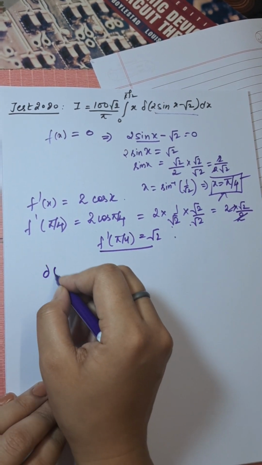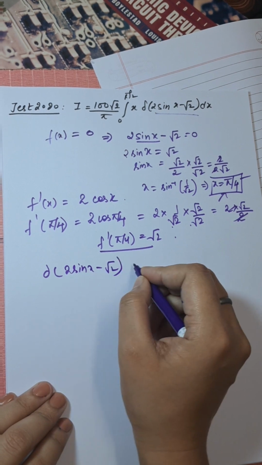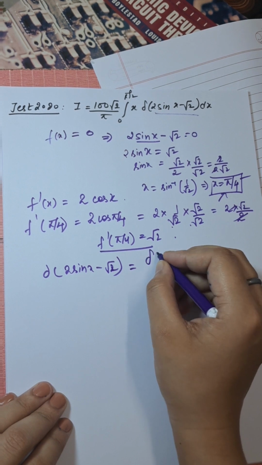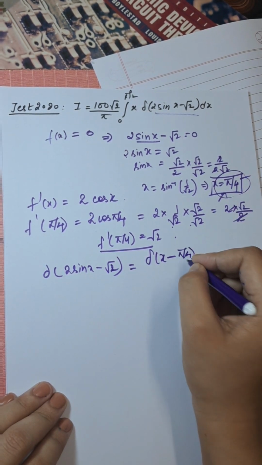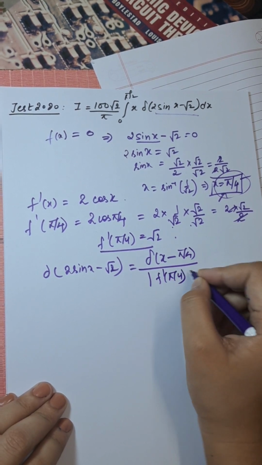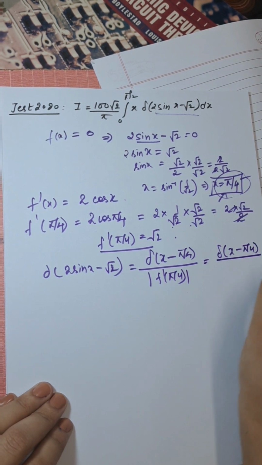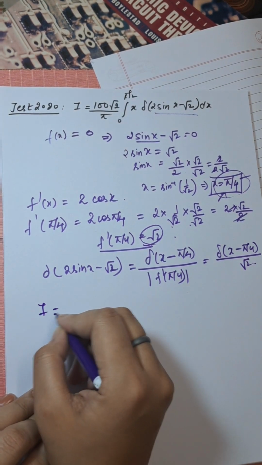Now delta of 2 sin x minus root 2 can be written as delta of x minus pi by 4 upon mod of f dash pi by 4, that is delta of x minus pi by 4 divided by root 2. Now let us evaluate the integration.